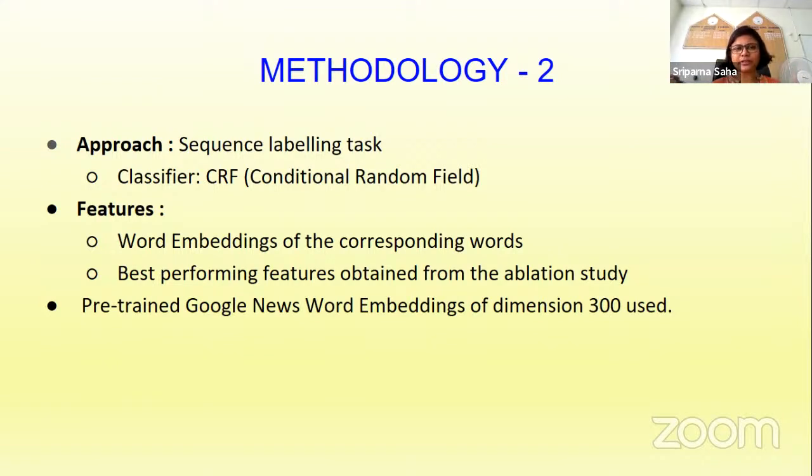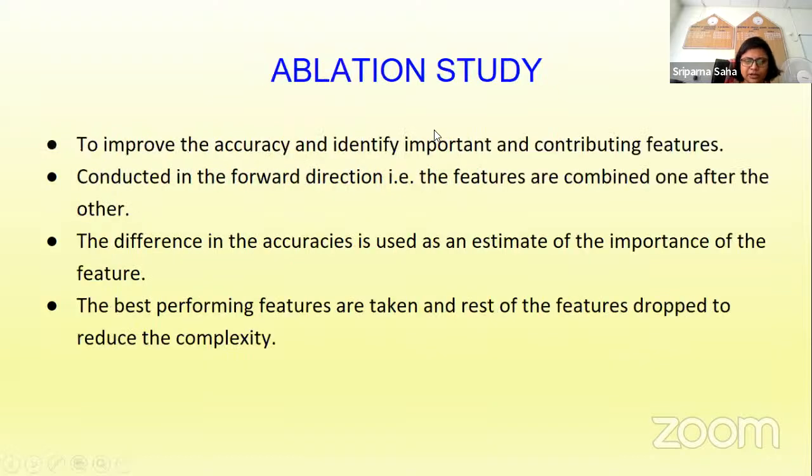In the semantic space, if you see the distance between boy and girl, that will be very similar to the distance between man and woman. So we are finding the embeddings of the words, and those embeddings are used as the feature vectors. We are also adding the features obtained from the ablation study, where we tried to identify the importance of the individual features.